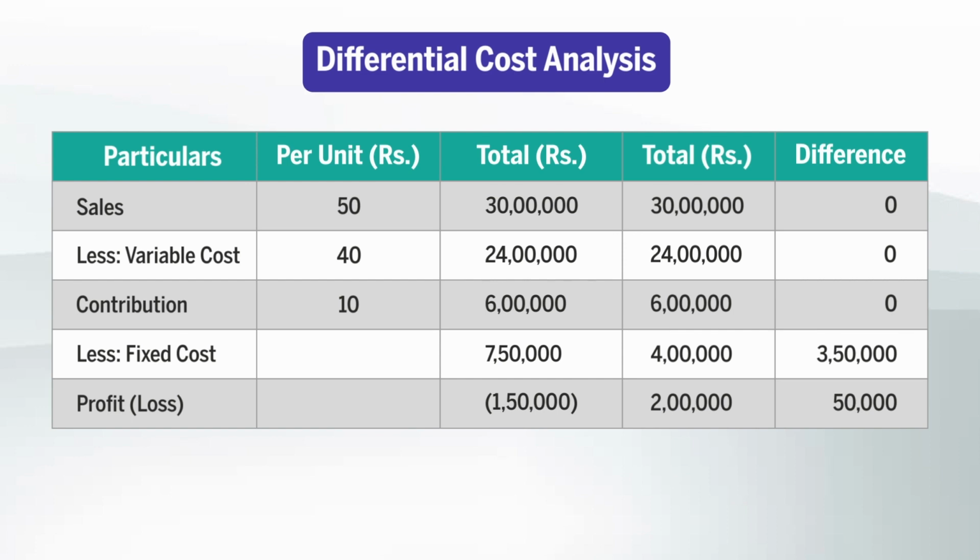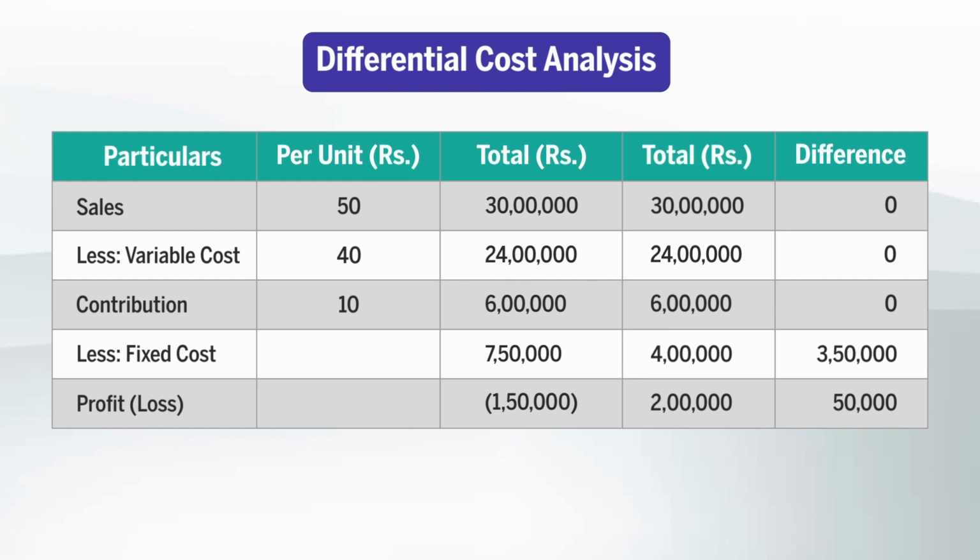So the loss of rupees 1,50,000 is now a profit of rupees 2 lakhs. As a result, you can see that there is a difference of rupees 3,50,000.